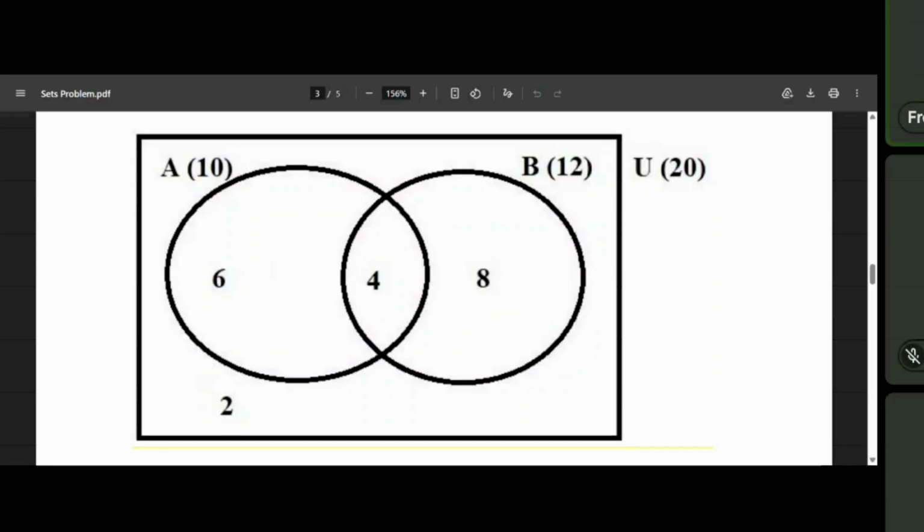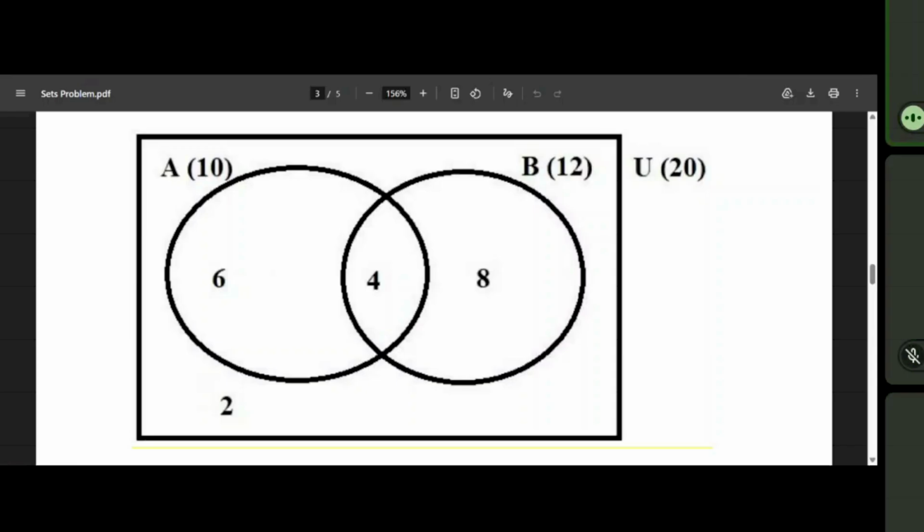Now, the 10, get the difference between the 10 and the 6. When we ask for how many elements are in A, that means we should add everything along the ring A. But when we say how many elements belong only to A, that is 6.